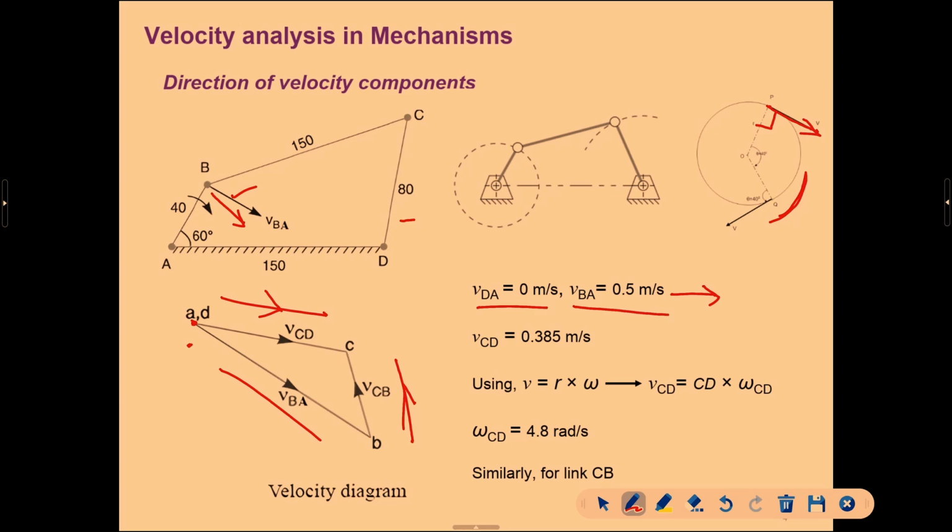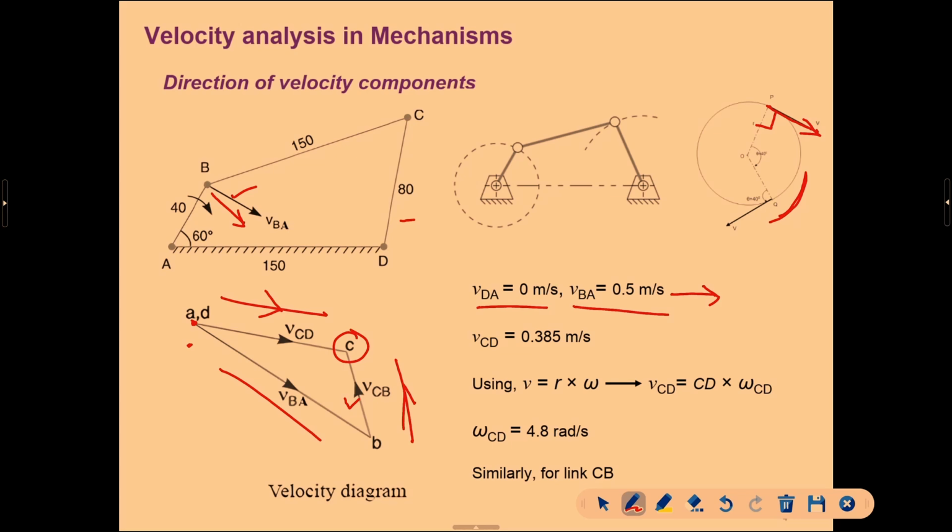Both will meet at point C. Now, the velocity diagram is closed. Now, line DC in the velocity diagram represents the velocity of link CD, and line CB in the velocity diagram represents the velocity of link BC.